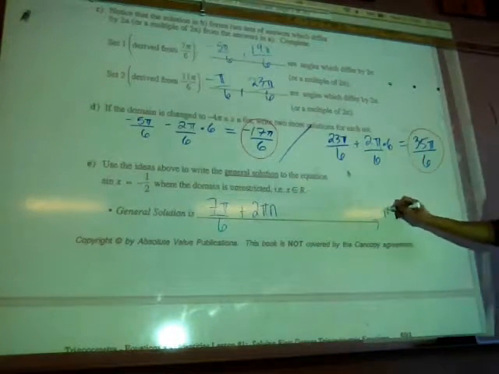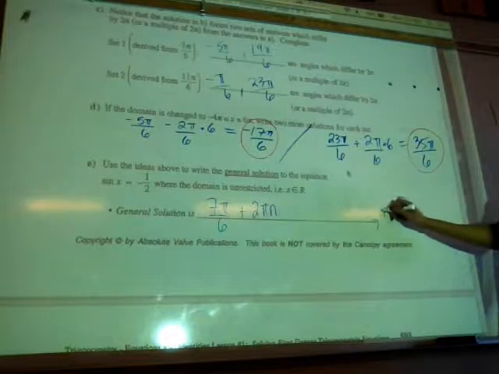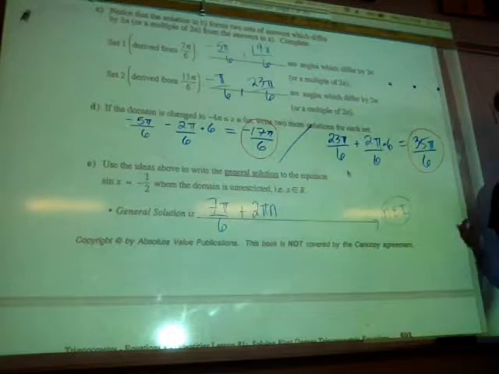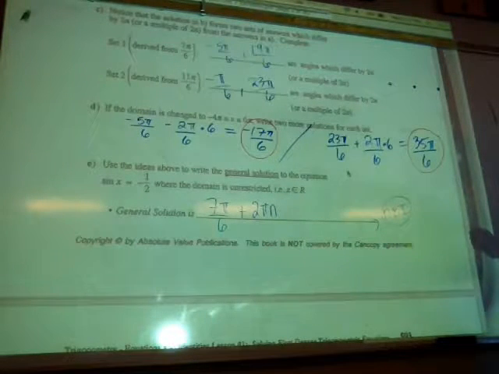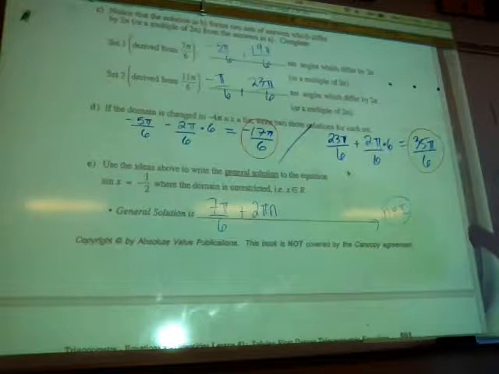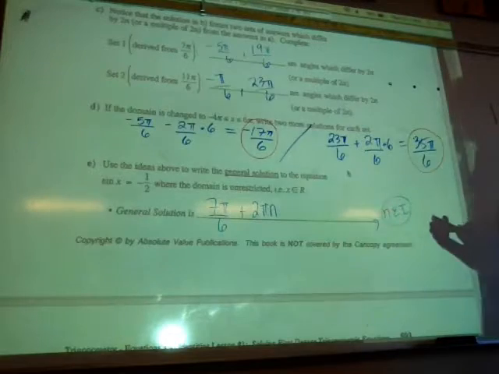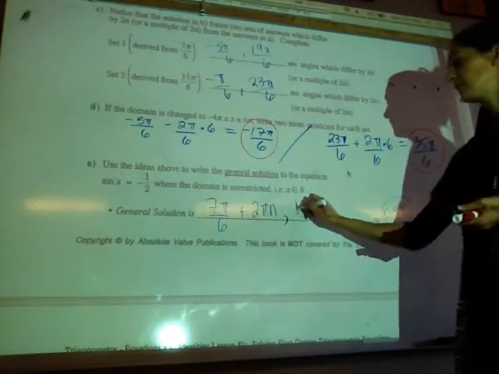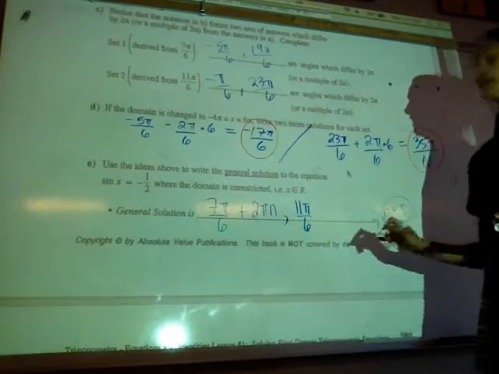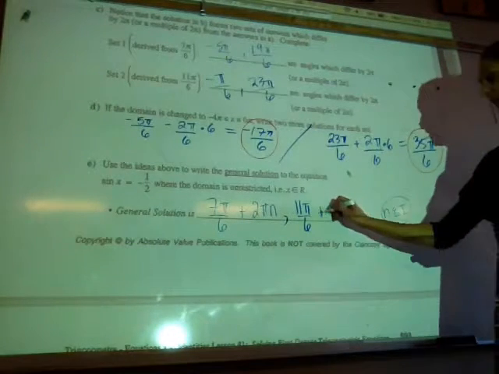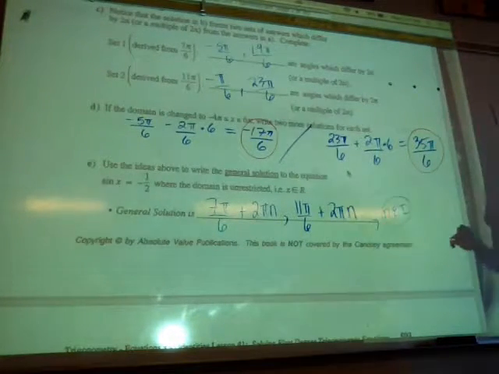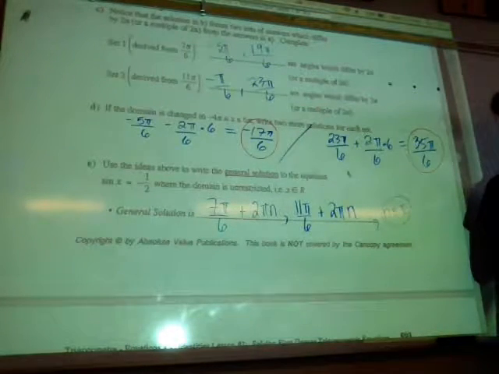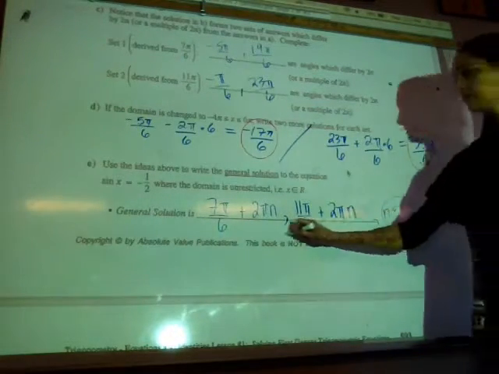And one thing to note is that n will always be an integer, okay? It's always going to be 1 or negative 1, or 2 or negative 2. No decimals. Okay, so that's one solution. The other part of that solution would be the 11 pi over 6. And if we add its period, whether it's in the positive or negative direction, that's going to get us to other solutions. So this would be my general solution.